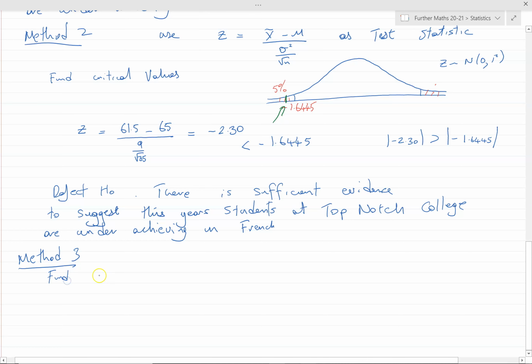So method 3 talks about finding the critical region. You do need to understand what we mean by critical region.